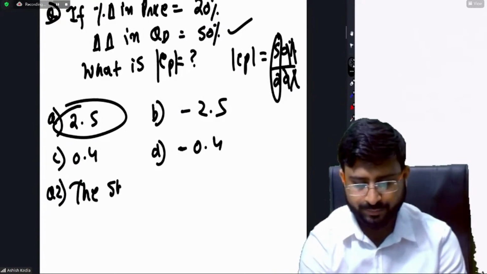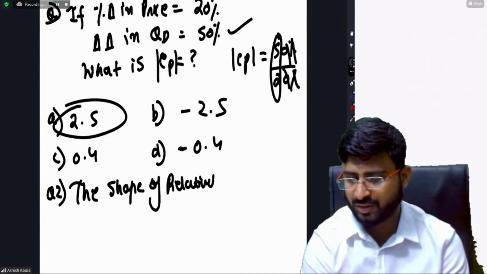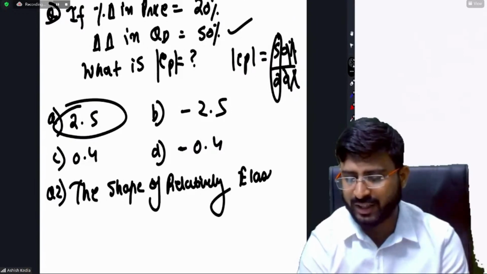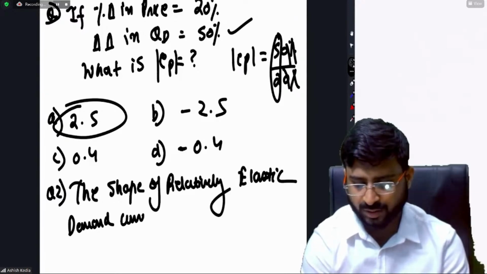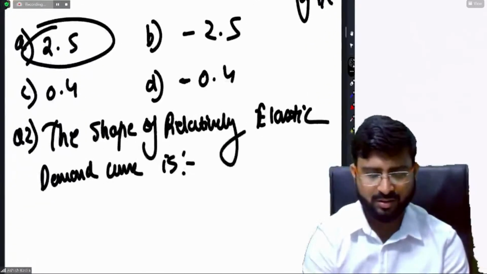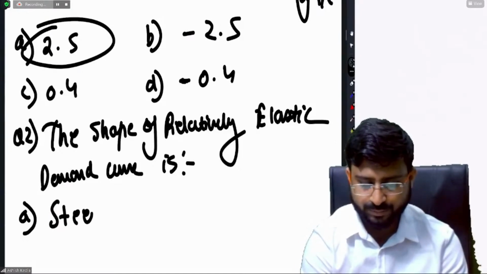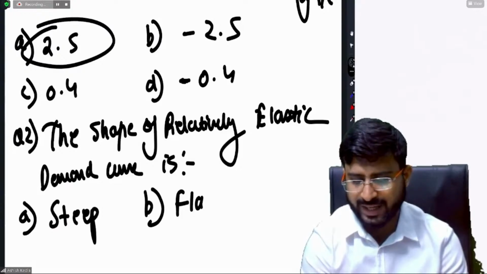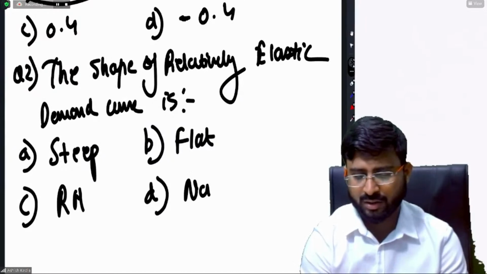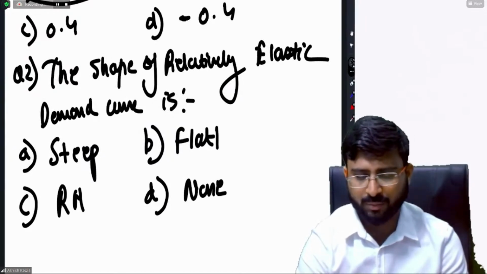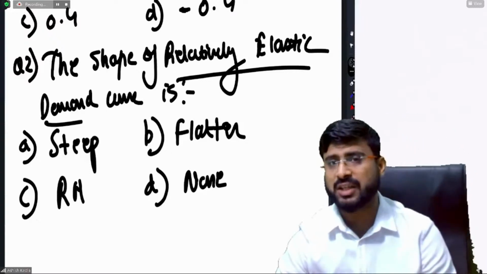The shape of relatively elastic demand curve is A steep, B flat, C rectangular hyperbola, D none of the above. Remember, the question is relatively elastic demand.